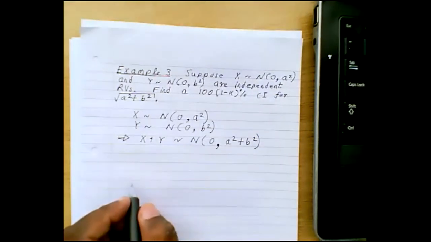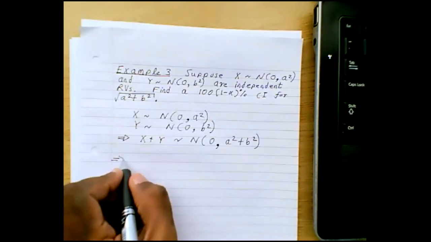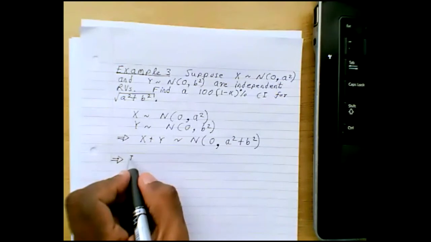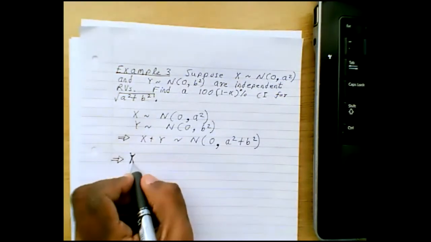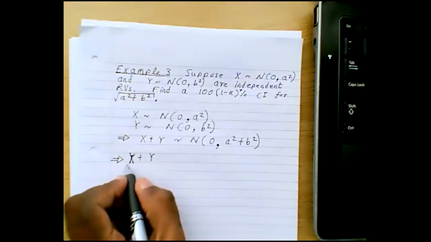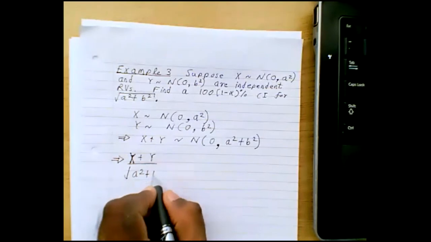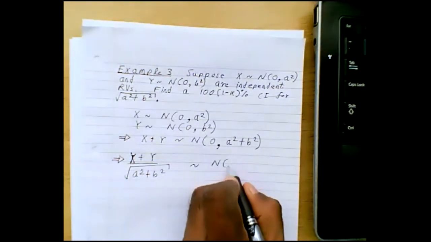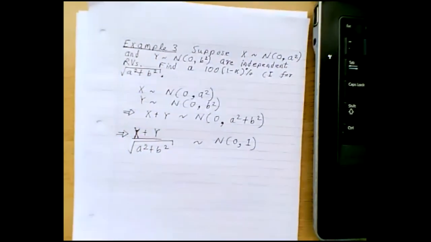You know that, right? So this implies that X plus Y divided by the square root of a squared plus b squared will be standard normal.